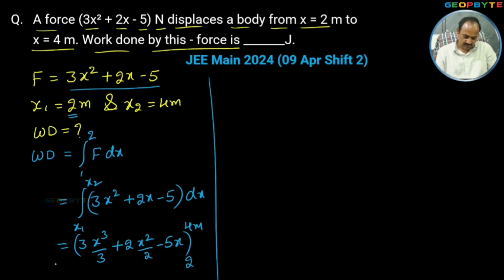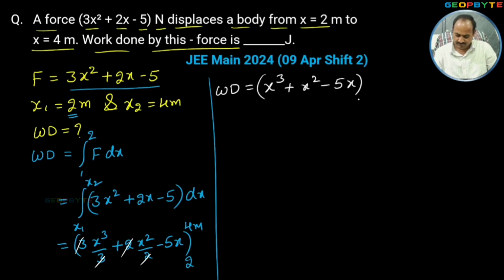Okay. Work done equal to, the 3 and 3 cancelling, 2 and 2 cancelling. Finally, it is x cube plus x square minus 5x. Apply the limits from 2 meter to 4 meter.